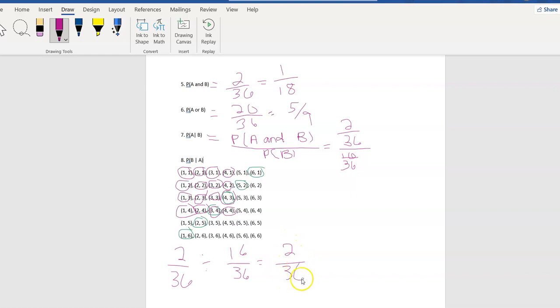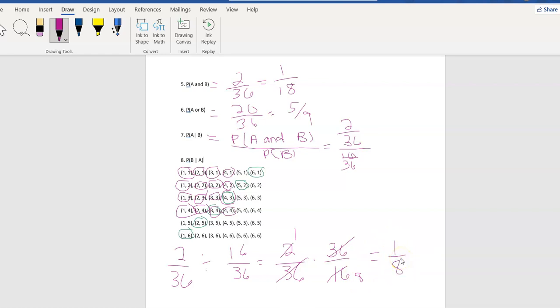So 2 over 36 times 36 over 16. And then we can cross cancel the 36. We also can cross cancel with the 2 and the 16. 2 goes into itself once and into 16 8 times, which gives us 1 over 8.